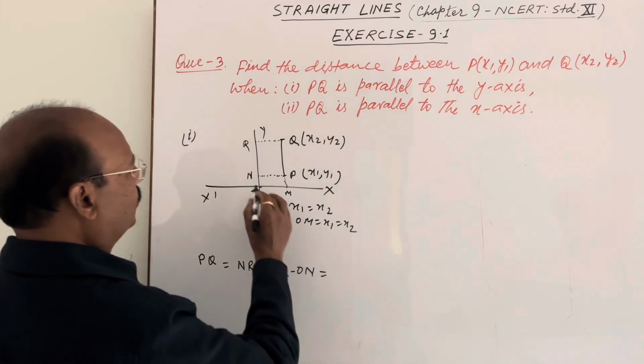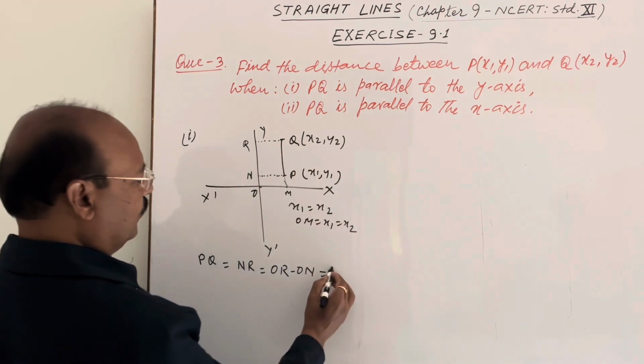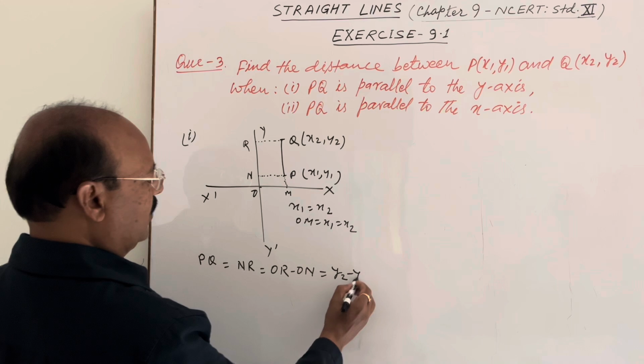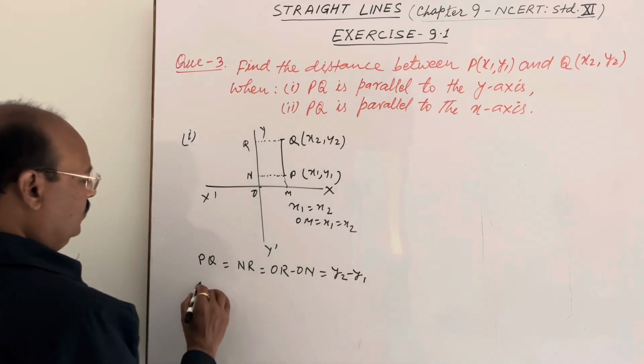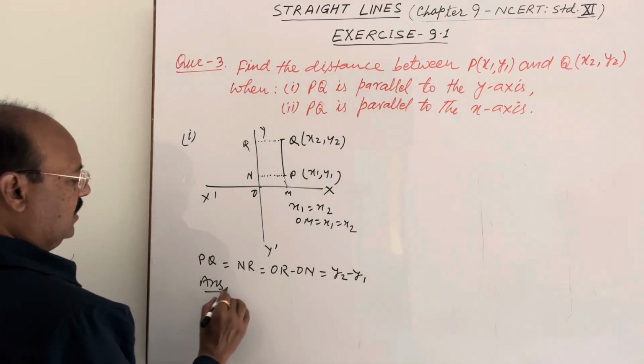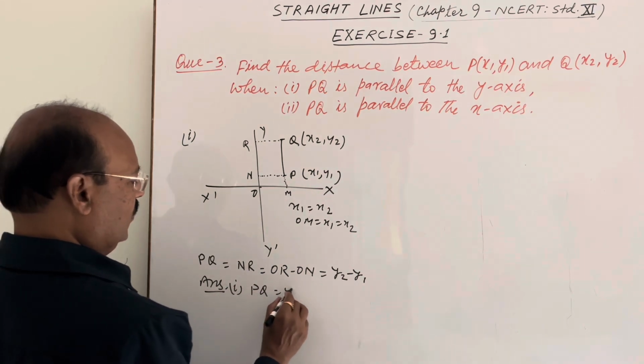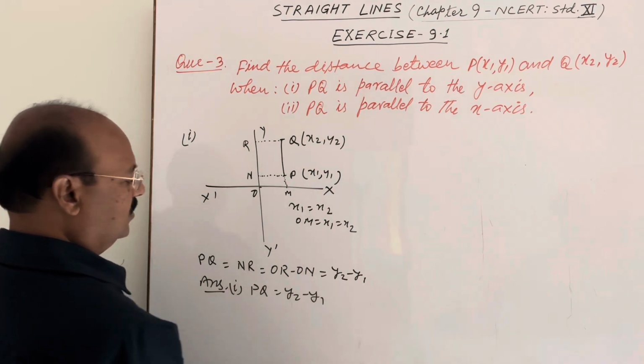OR is y2 and ON is y1, so y2 minus y1. So this is the answer of the first part: PQ is equal to y2 minus y1.